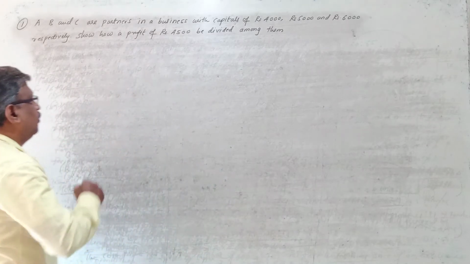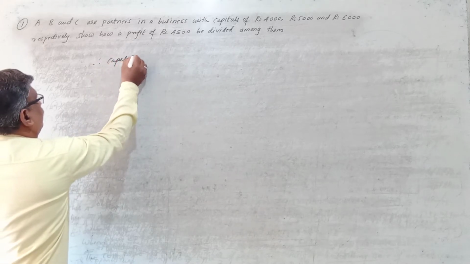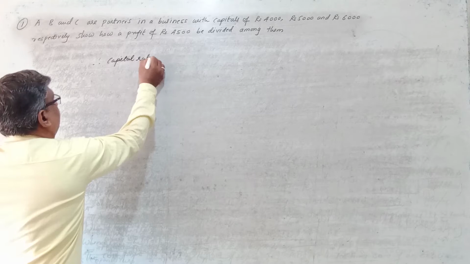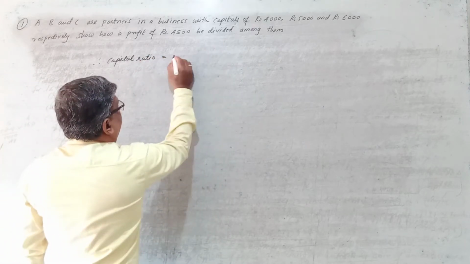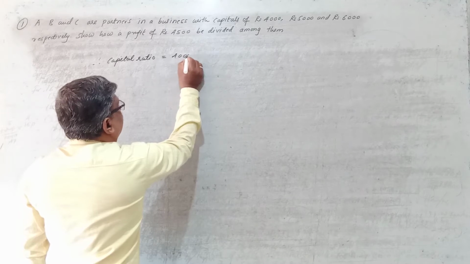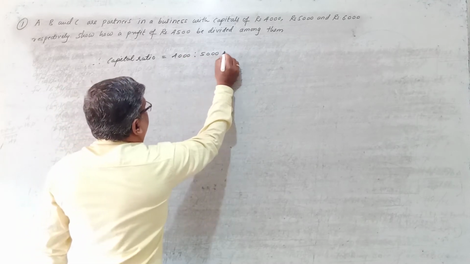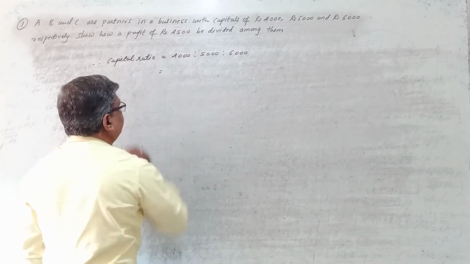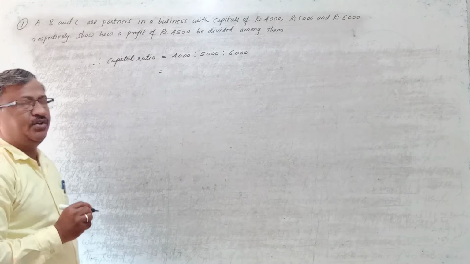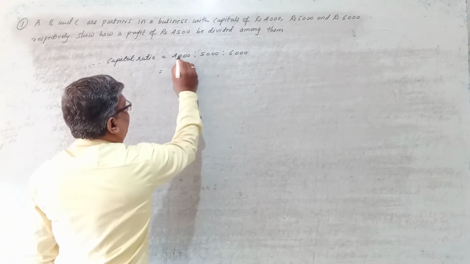First you calculate the capital ratio. Capital ratio is equal to A's capital 4,000 is to B's capital 5,000 is to C's capital 6,000. To find the ratio, we cancel the common factors. Here the common three zeros get cancelled.